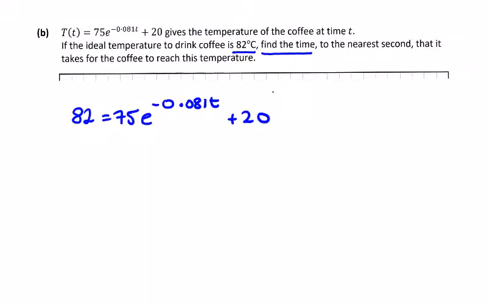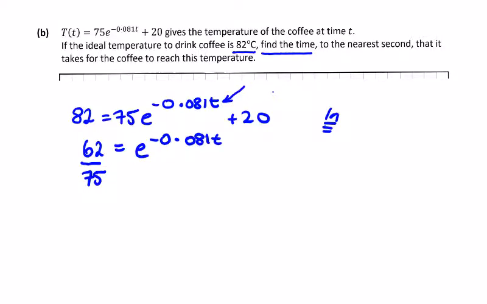When is this equal to 82? We're solving for time, so you know it's your ln or your log, whatever you've chosen to use. So the first thing to do here is to take away the 20, and we're going to get 62 is equal to the whole right hand side, but at this point you should notice that you can divide by 75, at least do that step in one go.